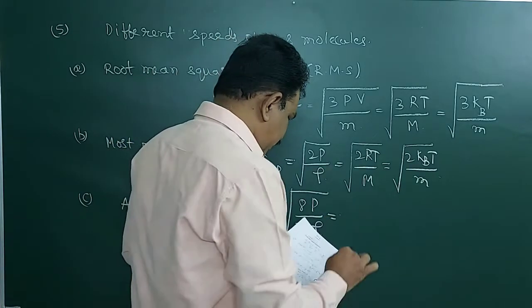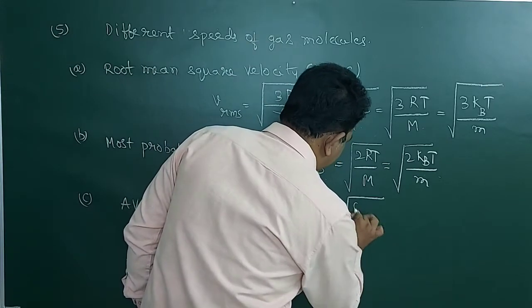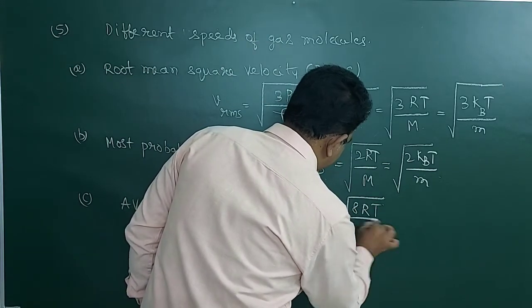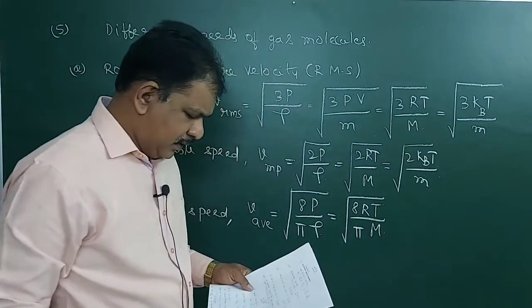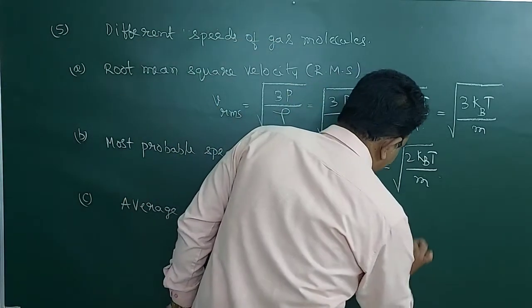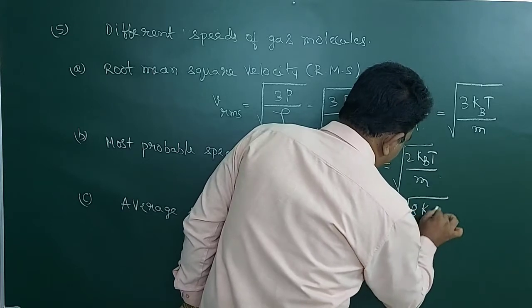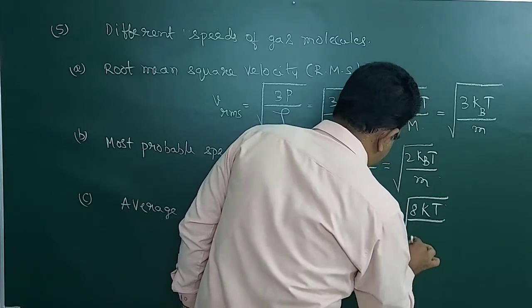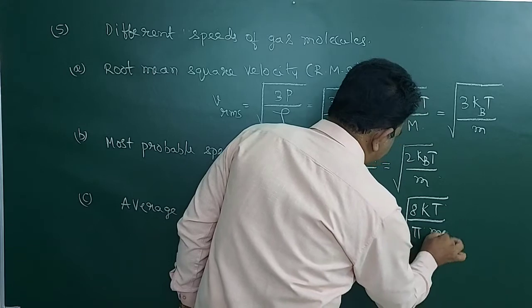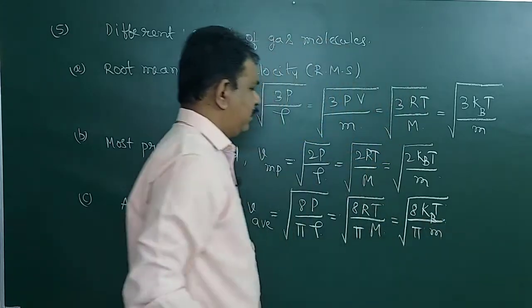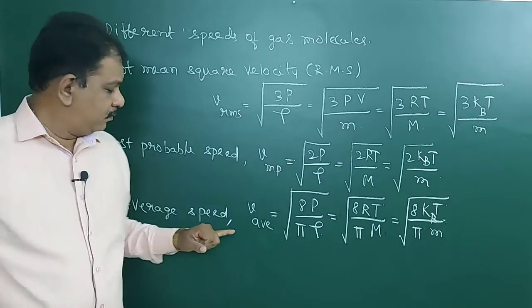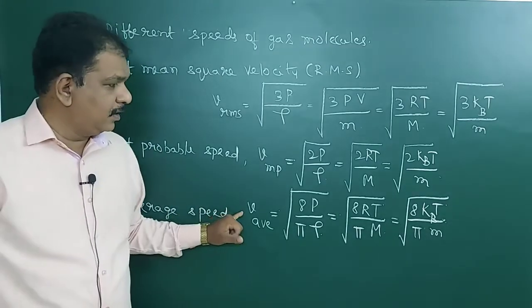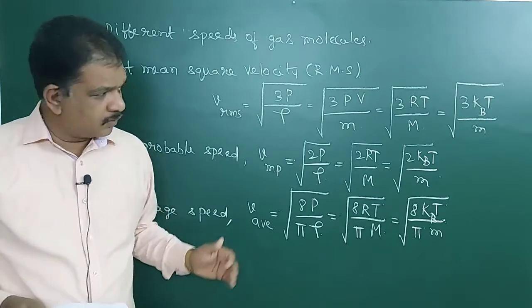So this value is square root of 8RT by pi M. This is again square root of 8kBT by pi small m. Okay, these are the different formulae for finding the average speed of the gas molecules.